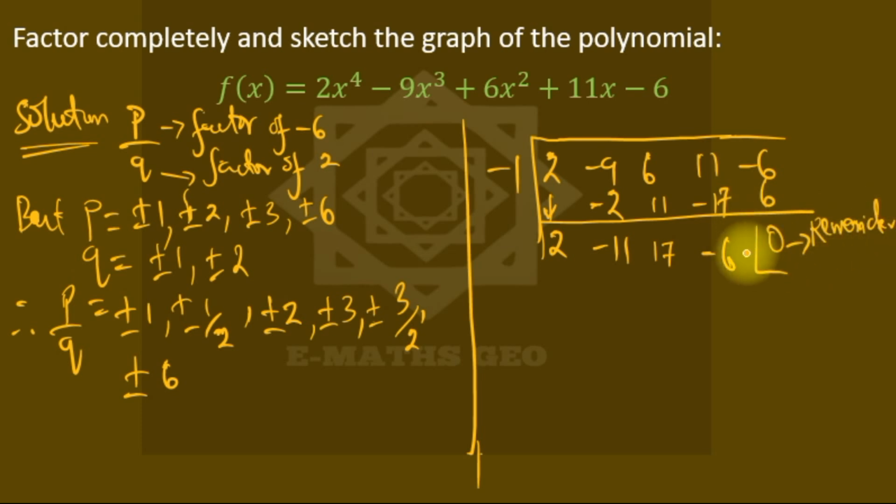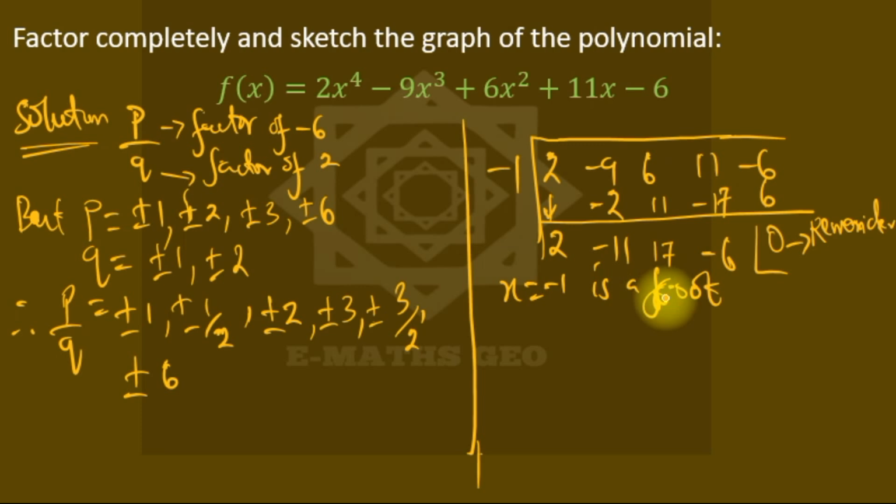Since the remainder is 0, x minus s equal to -1, meaning that x plus 1 is a factor. And if you notice, the numbers down here alternate in sign, plus minus minus plus plus minus plus. So what is the conclusion?